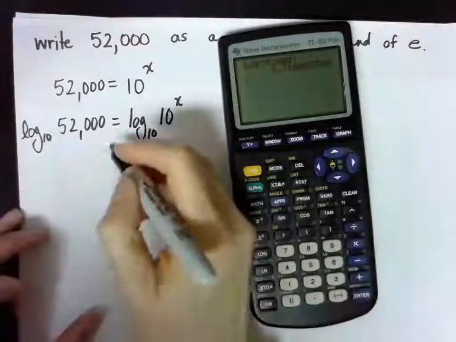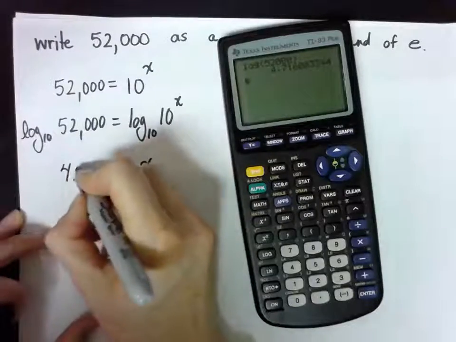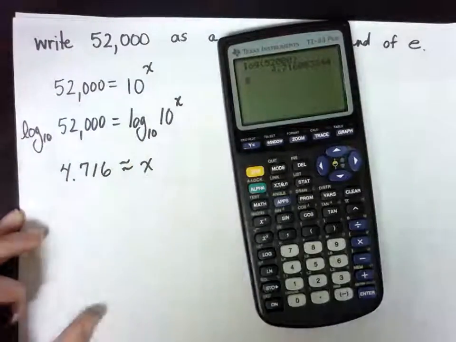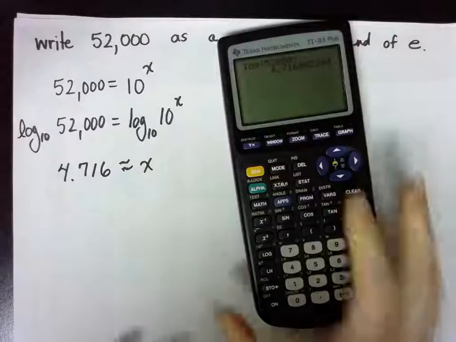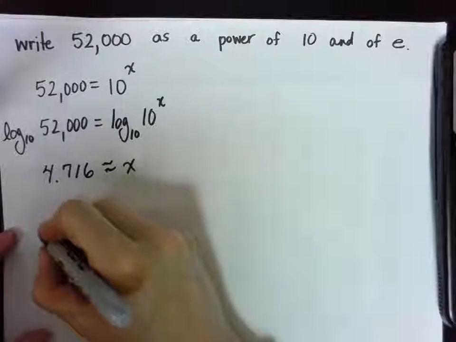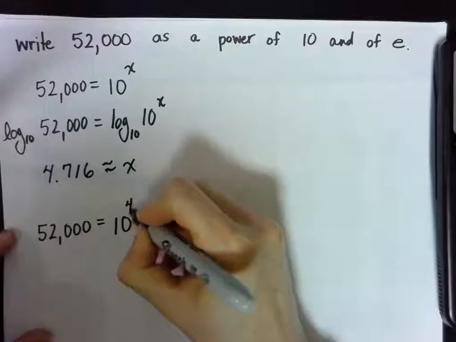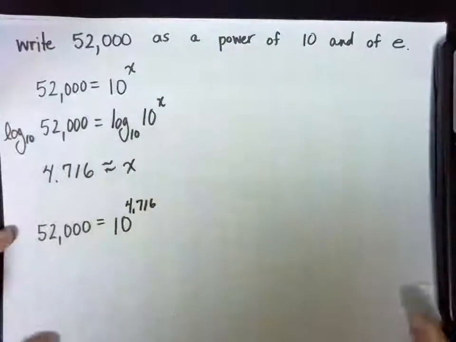And we get approximately, I should say approximately because this is going to be rounded, 4.716. So 52,000 would be 10 to the 4.716 power.